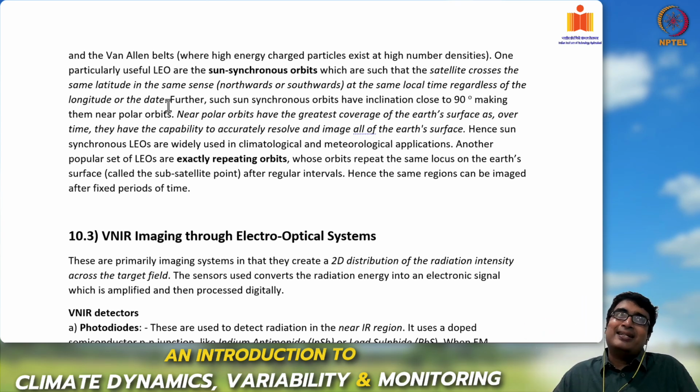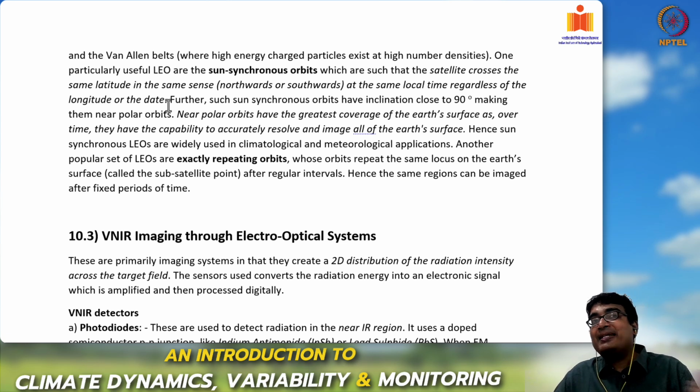These orbits are such that, suppose the satellite is crossing 30° north latitude once every 5 hours. It will always cross the 30° north latitude northwards every 5 hours, and it will always cross that 30° north latitude northwards at, say, 9 AM local time corresponding to that longitude.